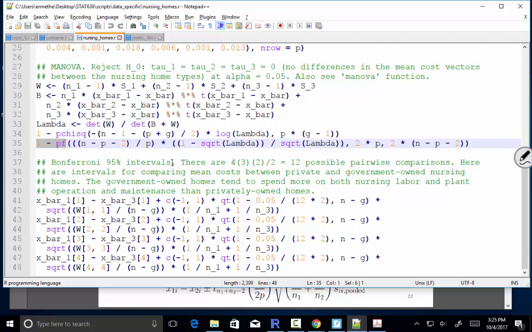And just like we did with T-squared stuff, we are able to construct component by component simultaneous confidence intervals. We can also get confidence regions. I show in the script how to do simultaneous confidence intervals. So we could ask for variable 1, what's the difference between the government-owned and the private-owned? And for variable 2, what's the difference between nonprofit and government-owned? Any paired difference, we can construct an interval for it.